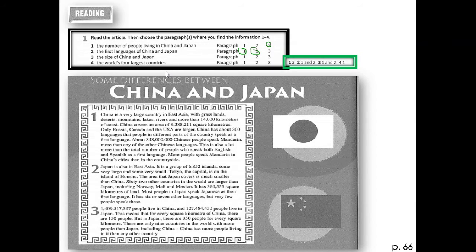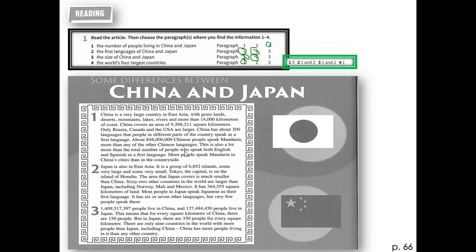The size of China and Japan. You hear words like how many square kilometers, how many people living there. So also 1 and 2. And then the world's 4 largest countries is mentioned in paragraph 1.